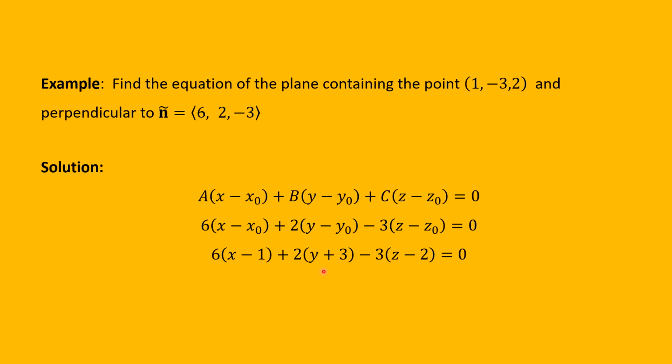This part right here will be y plus 3. And then here we'll have z plus 2. So we substitute in the values of a, b, and c, and also the values of x naught, y naught, and z naught into that equation. So here is the equation of that plane.